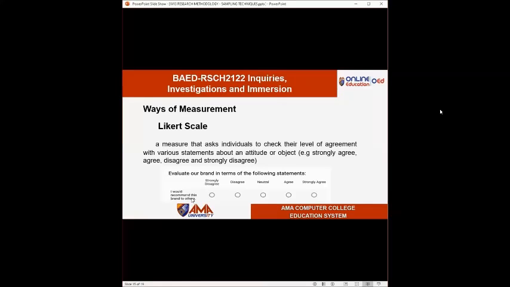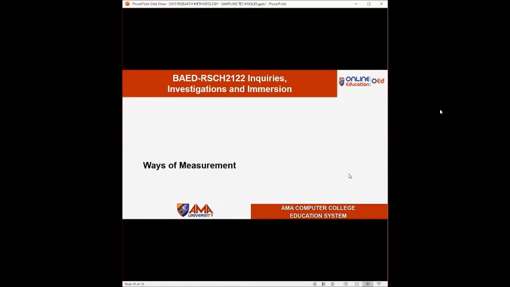Kapag ikaw naman yung respondents at mayroon kang brand na ganun, so mamimili ka dito. I-recommend mo ba yung brand nila sa iba? So, ito ngayon, base sa iyong experience, sa karanasan mo, kung paano mo siya i-weigh yung brand nila na yon. So, yan ang example ng Likert scale.